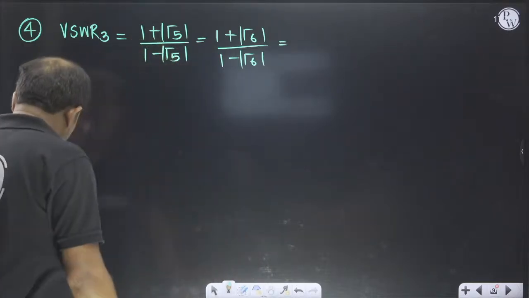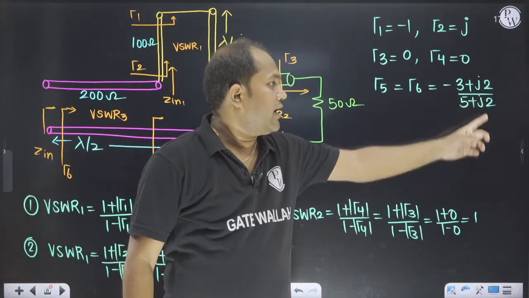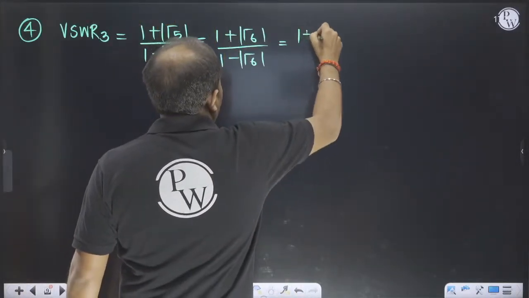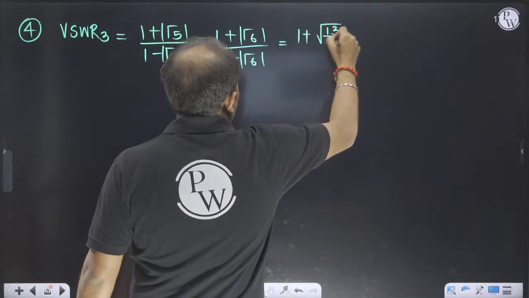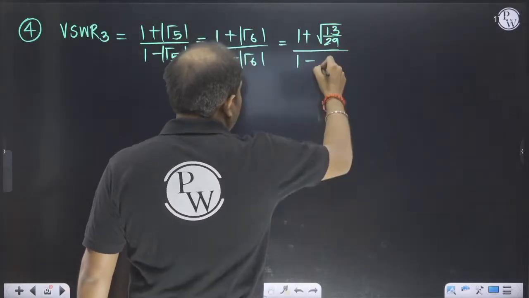I will calculate it on the next page. Mod gamma 5 is root of 9 plus 4, which is 13, over 29, so root 13 upon 29. So it is 1 plus root 13 upon 29, over 1 minus root 13 upon 29.